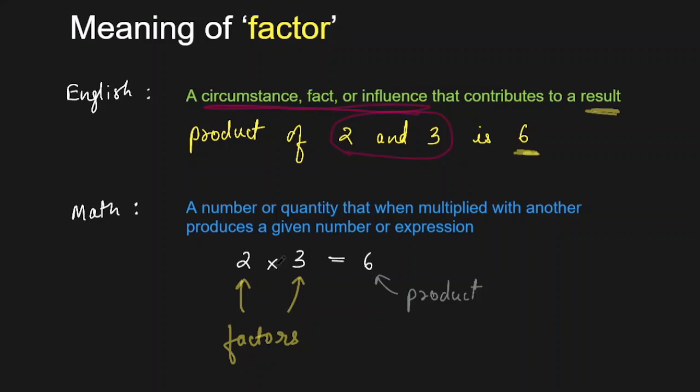So whenever we multiply two numbers to get a result, those two numbers are actually factors of the result, which we call the product.